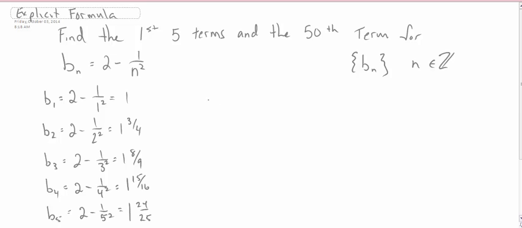A lot of times you'll see sequences given as just a list. 1, 3/4, 1 8/9. And if I just stop listing them here, this is what we call a finite sequence.